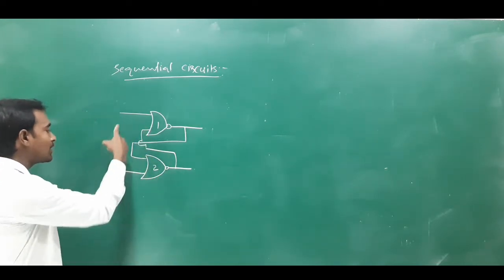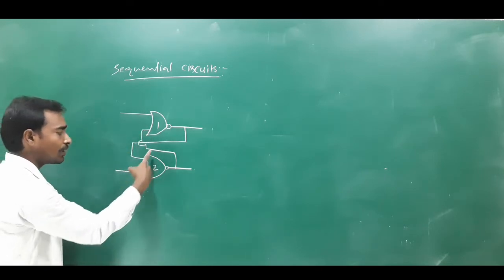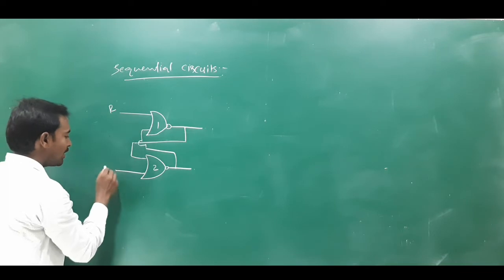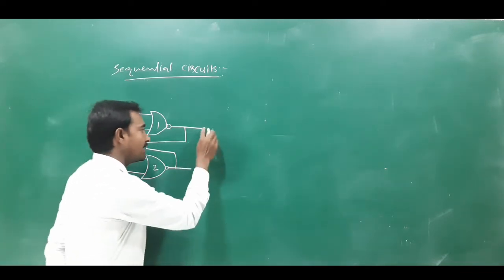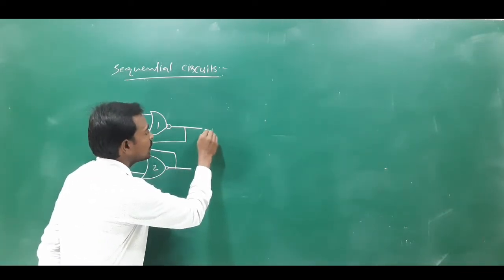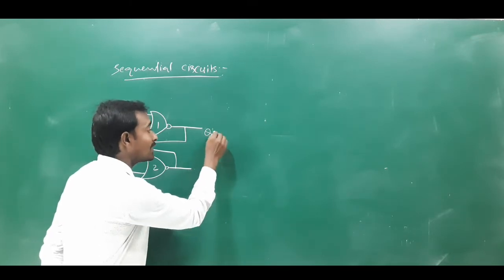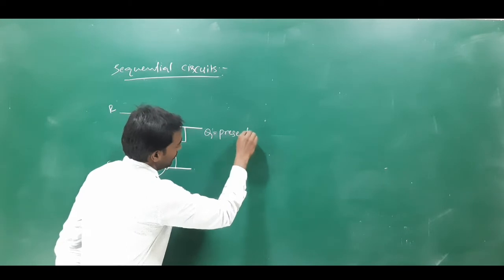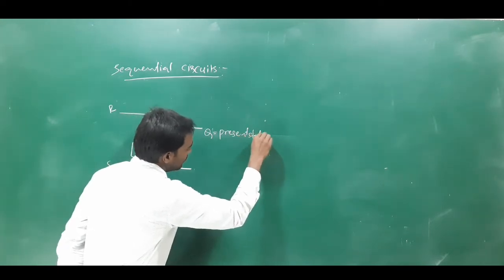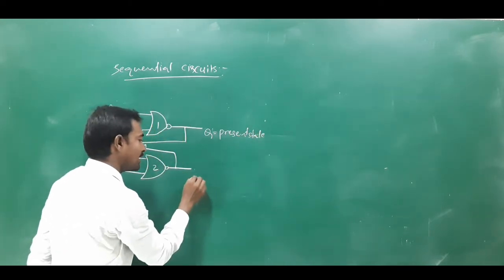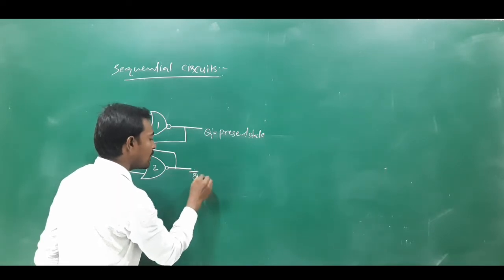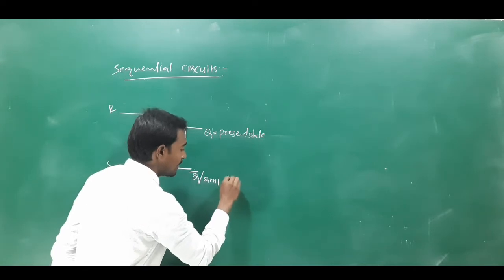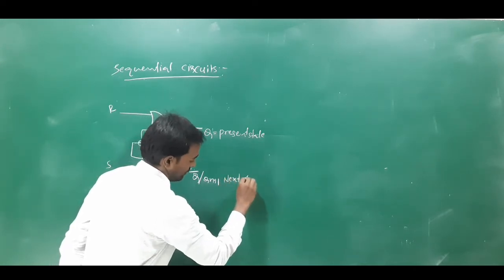And here I am giving the two inputs for the two NOR gates, taking them as R and S, and here we are getting the two outputs. Those are Q, that is called as present state, and Q bar or Qn plus 1, that is called as next state.